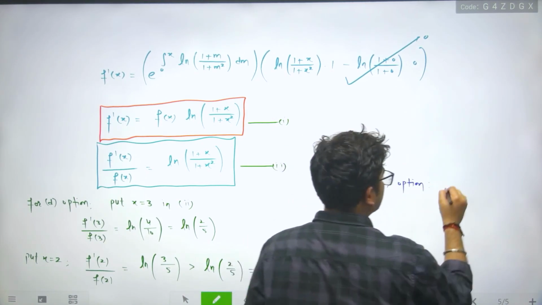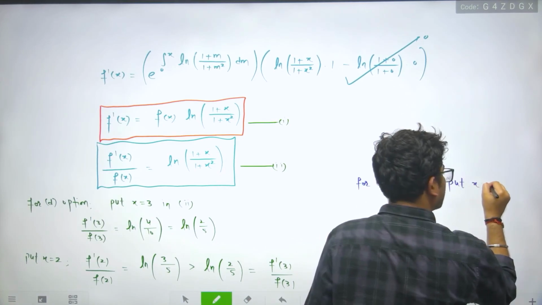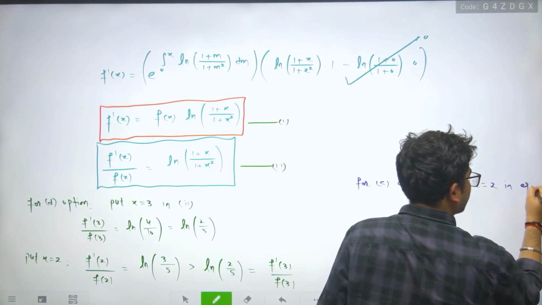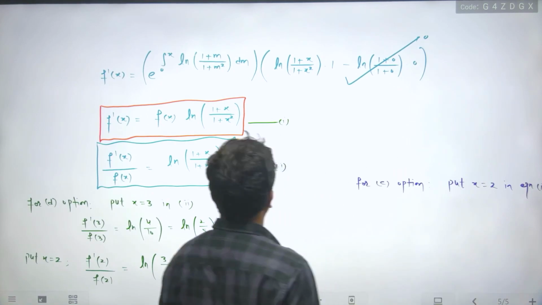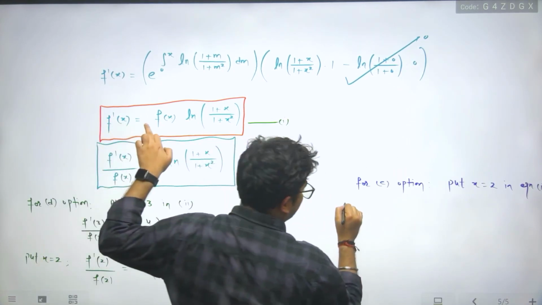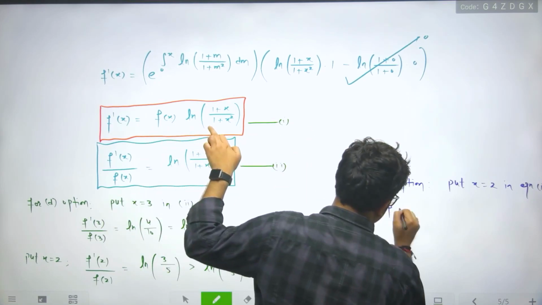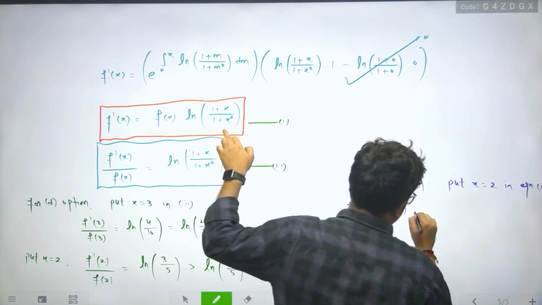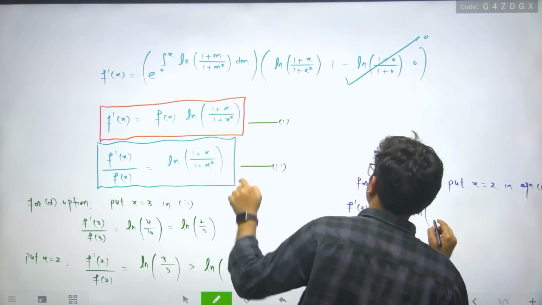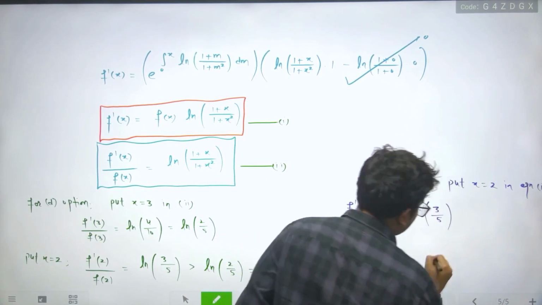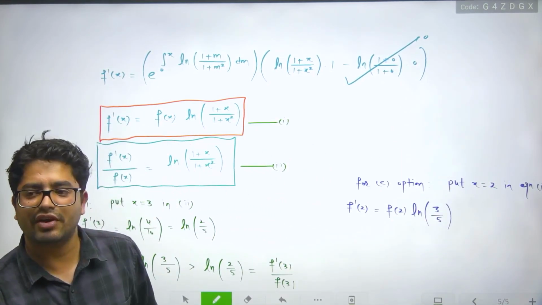For C option, put x = 2 in equation 1. When you put x = 2, you will get f'(2) equal to f(2) into ln(3/5).